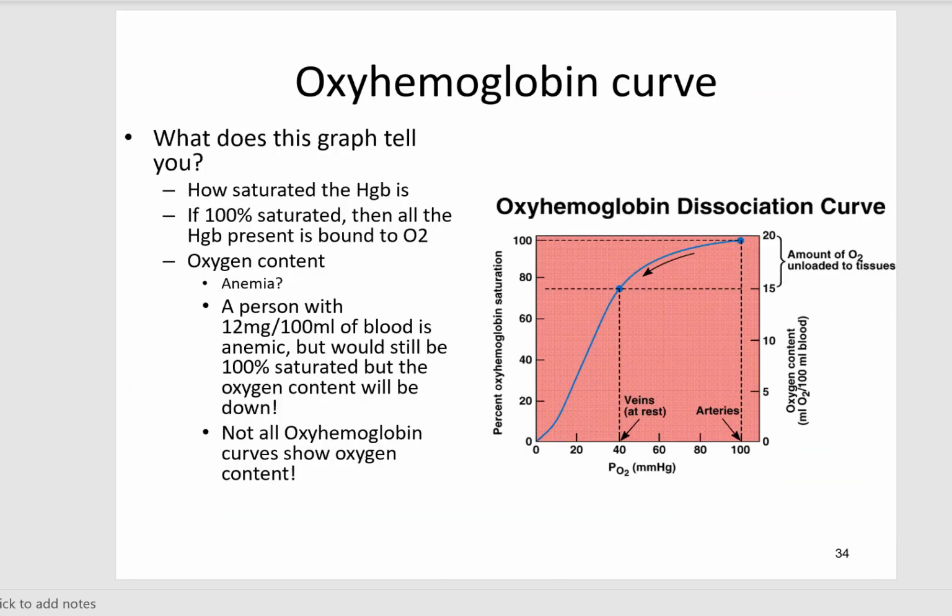I want to take some time and tell you again that a lot of oxyhemoglobin dissociation curves do not show this y-axis of oxygen content. Most of them only show the x-axis for partial pressure of oxygen and the percent saturation for oxyhemoglobin.